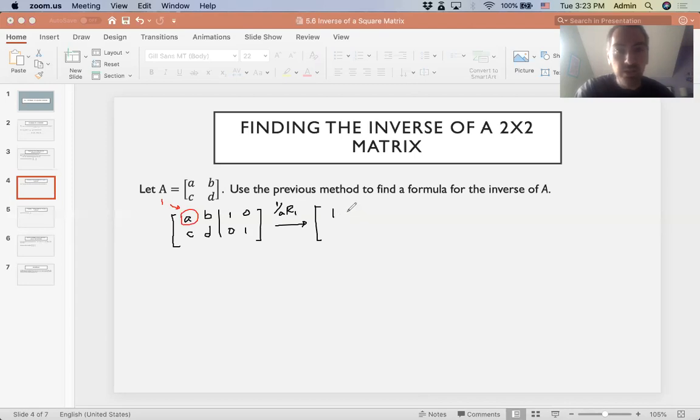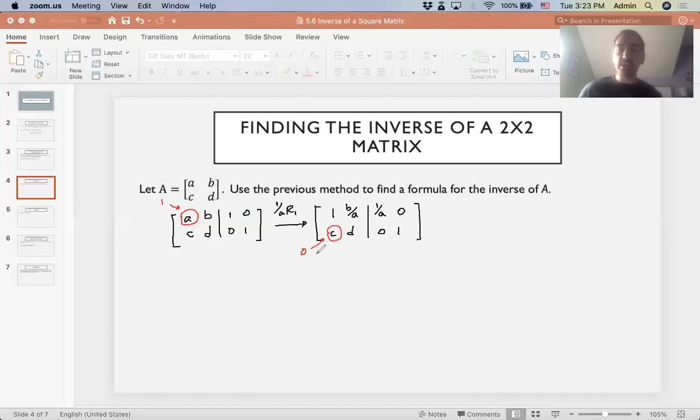B times 1 over A is B over A. On the right-hand side, that's 1 times 1 over A, and 0 times 1 over A.